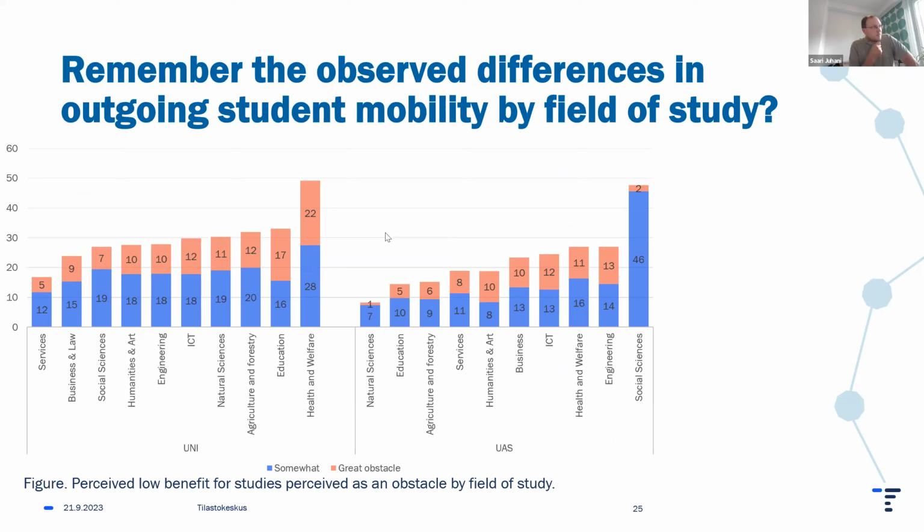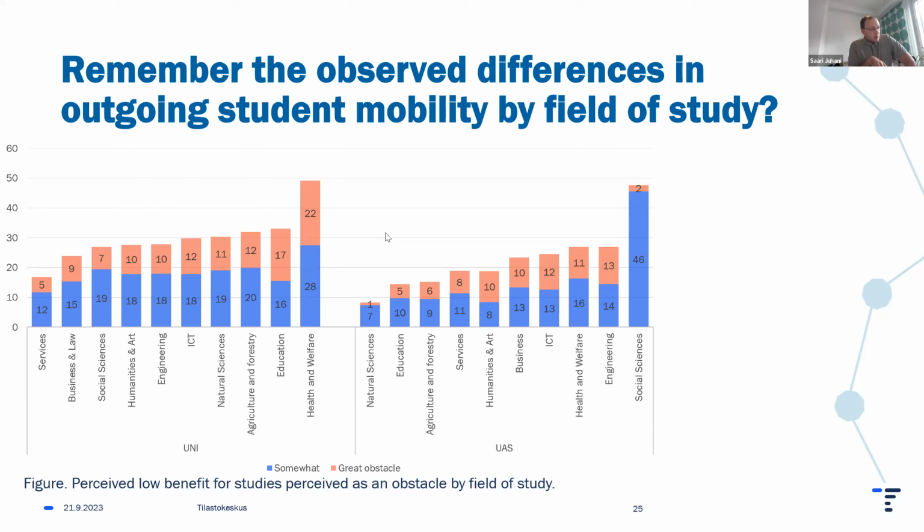And as you can see, there are differences, but not as big as the statistics might lead you to think. Students in the fields of education and welfare are much more likely to perceive the lack of benefit as a major obstacle than students in social science, business, and law. But this is just the EUROSTUDENT estimate.